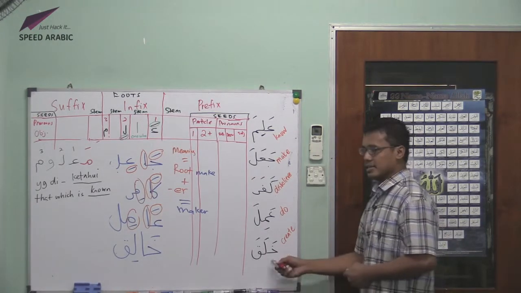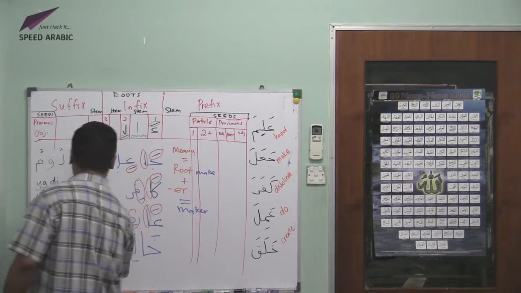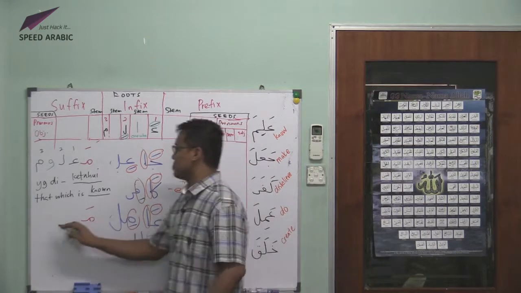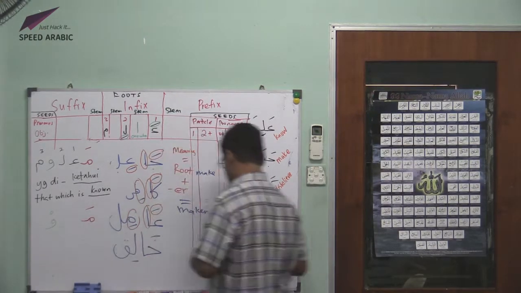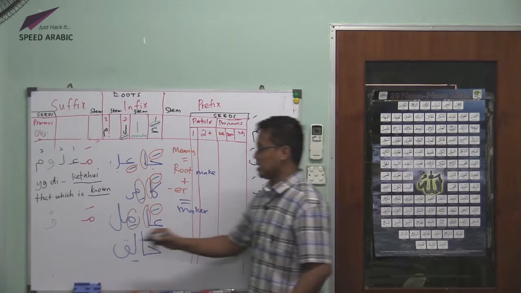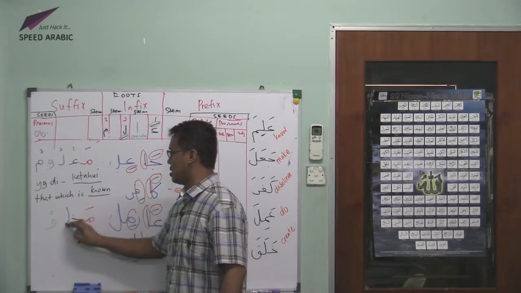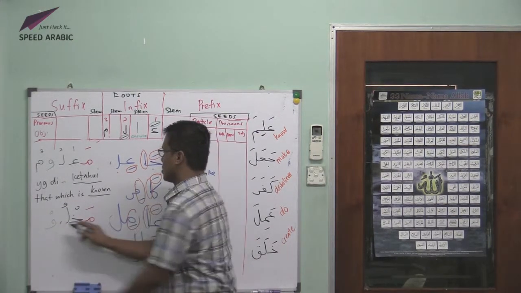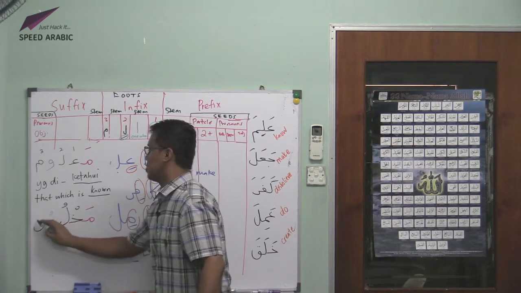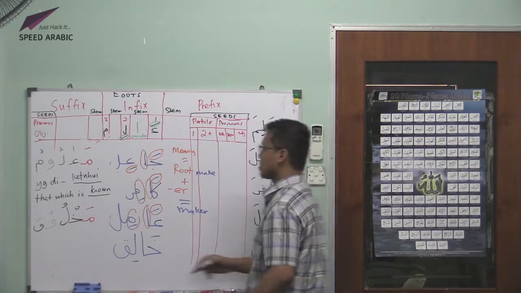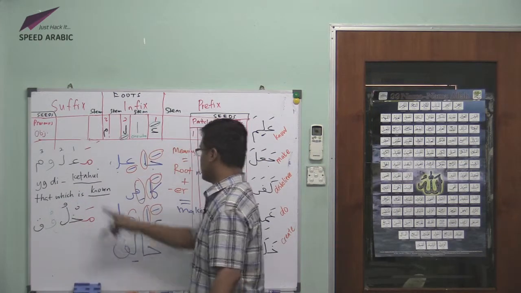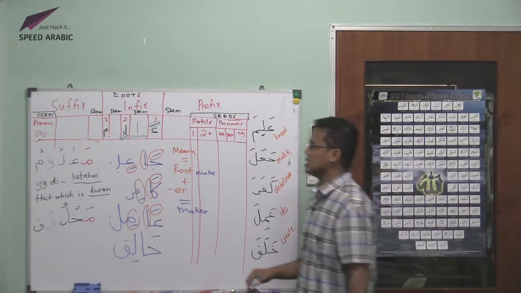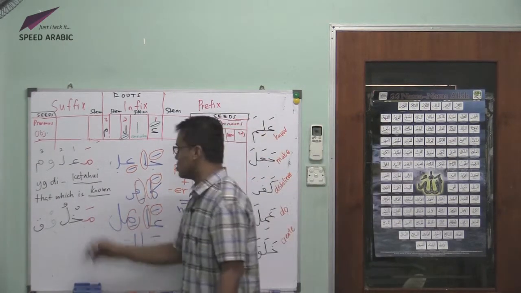Let's do another one. This one. What does it become when you add a ma and a waw after the second root? It becomes makhluk. So what does it mean? Yang dicipta, or that which is created. Makhluk.